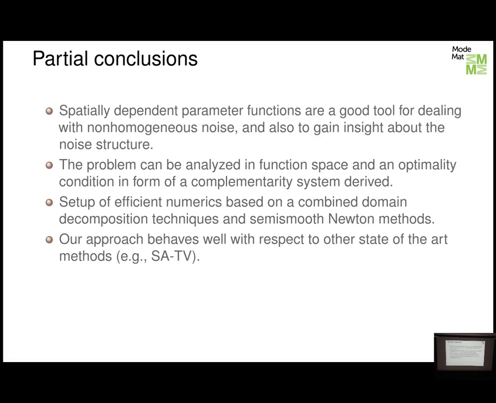So if you have some parts of the image which are not really adjusted to the noise model, then you can learn and try to model the noise in a different way. And we could solve that numerically, and our method was good compared to other state-of-the-art methods like the ICTV, which is around there.